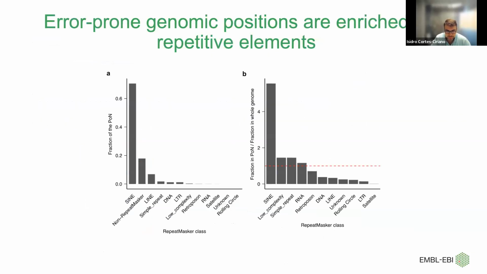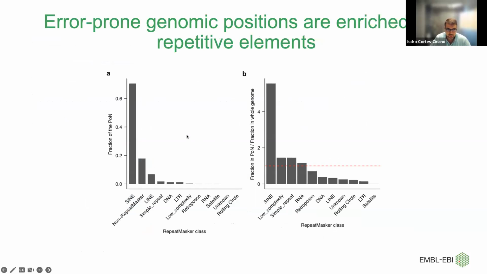And just to show you why it is important to model the background mutation rate, we've identified that there are some areas in the genome, in particular SINE elements, where there is an enrichment of artifacts. Those are sites where we cannot reliably detect mutations, and those are sites that we remove.